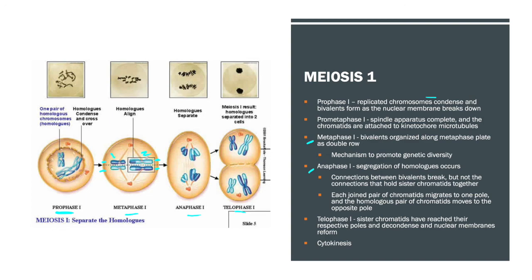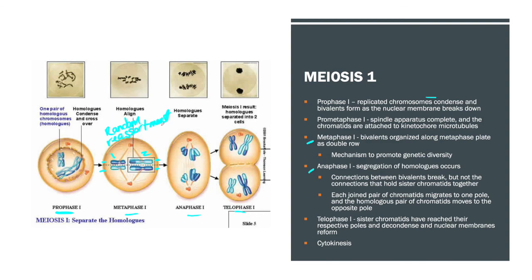It makes sure that there's one set of sister chromatids on one side of the metaphase plate and another set of sister chromatids on the other side of the metaphase plate. But which ones go where is completely random. So this is where we see Mendel's law of random reassortment.